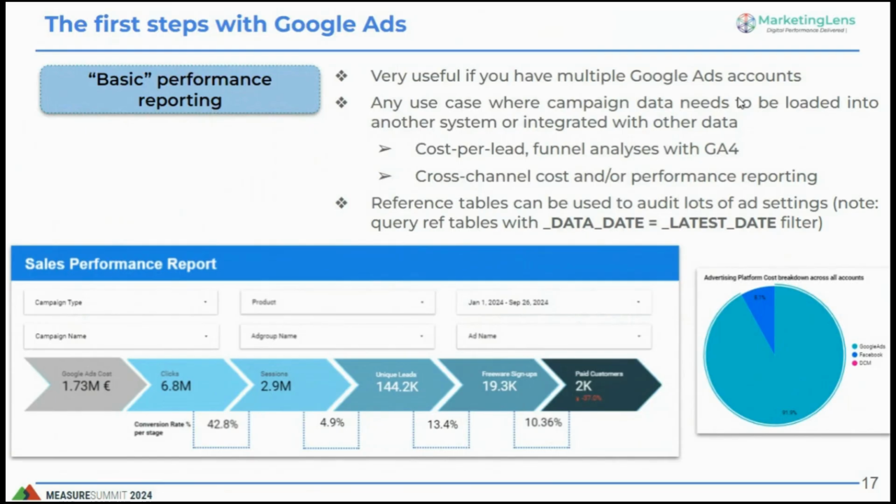But also, if you just want to do cost reporting or basic performance reporting across advertising platforms so that you don't have to go into every single tool and pull the report from there, then you can just append this basic stats table to the corresponding aggregated table from other platforms.